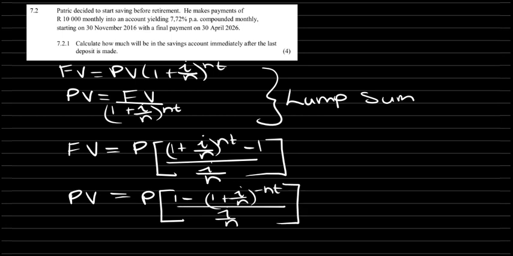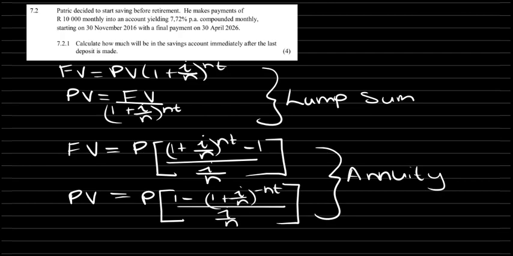The present value is given by the payment multiplied by 1 minus (1 plus i over n) to the power negative nt, over i over n. These are formulas that you should be given, or you should know them, and these are for annuity calculations.